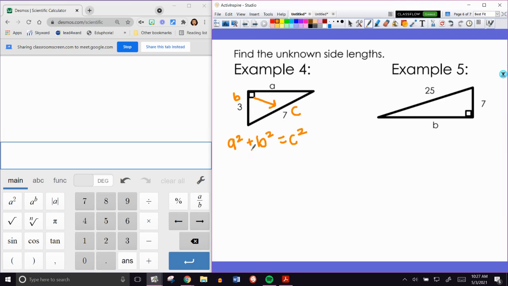A squared, I don't know what A is, so I'm going to leave A there. Plus B squared, so that'll be 3 squared, equals C squared, which is going to be 7 squared.